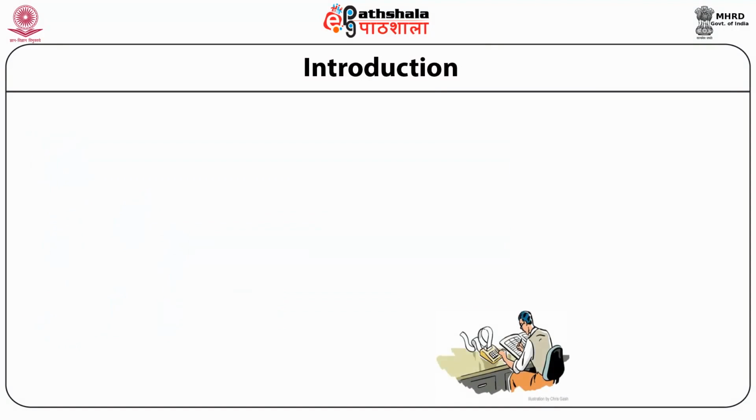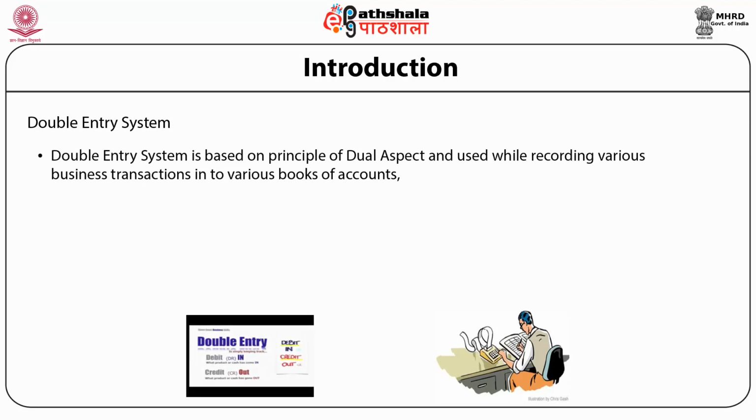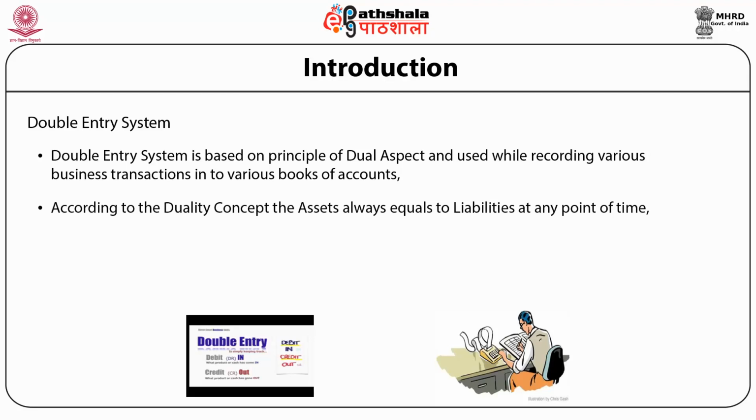Now let us understand the double entry system. What is this system all about? The double entry system is based on the principle of dual aspect, which is used while recording various business transactions into books of accounts. According to the duality concept, as we have discussed under the principles of accounts, assets are always equal to the liabilities at any point of time.